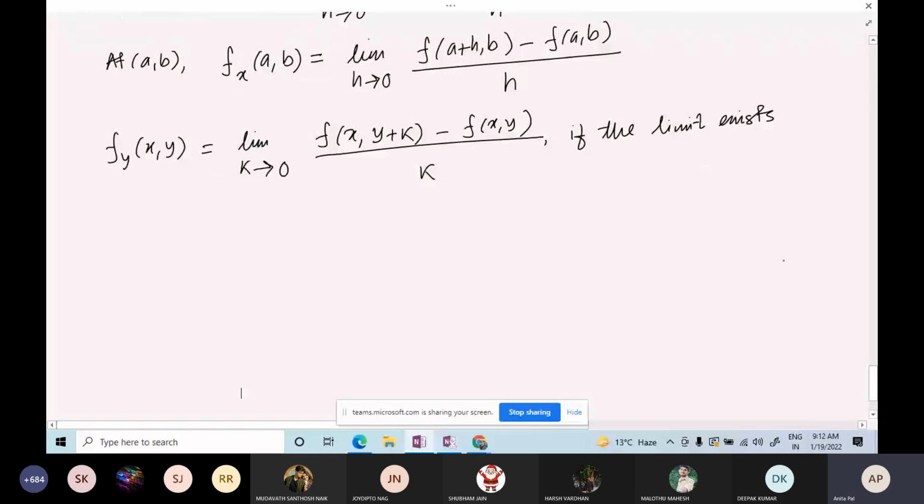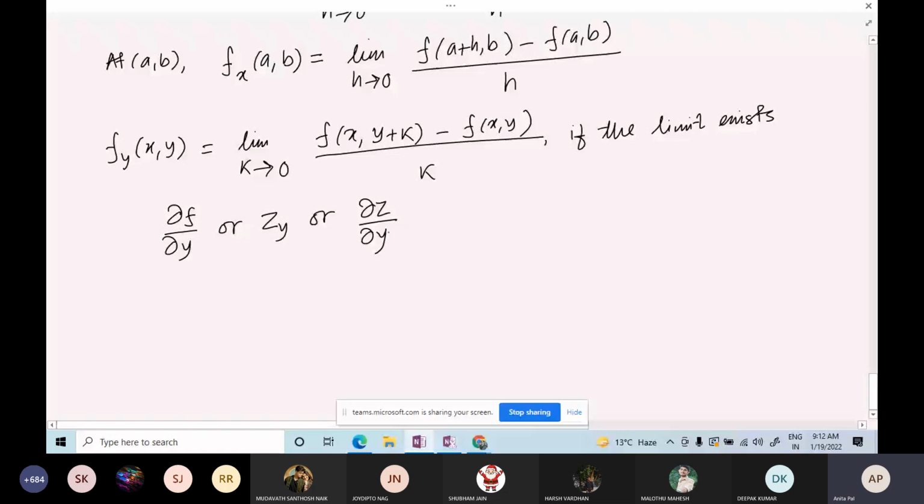Now the partial derivatives will be written in this manner: del f del y, or it will be zy, or del z del y.